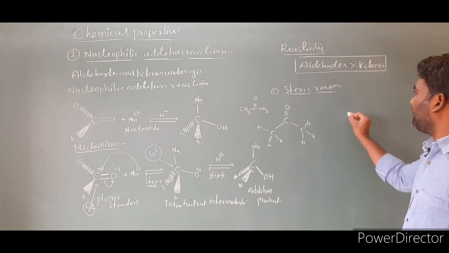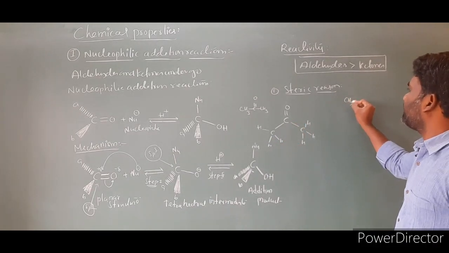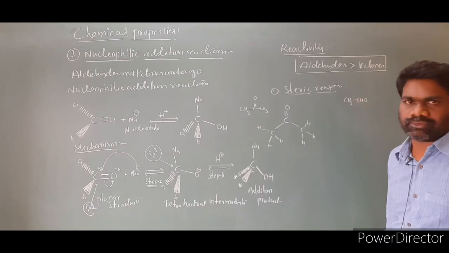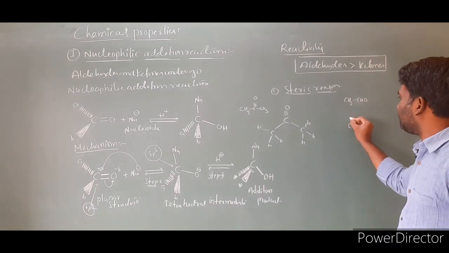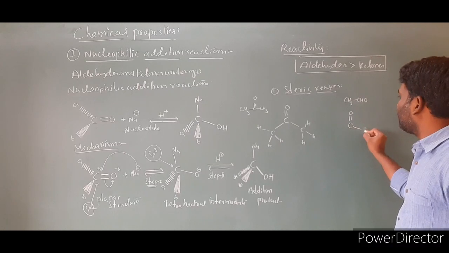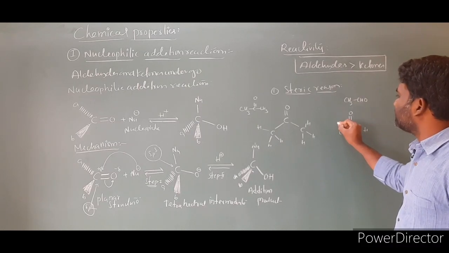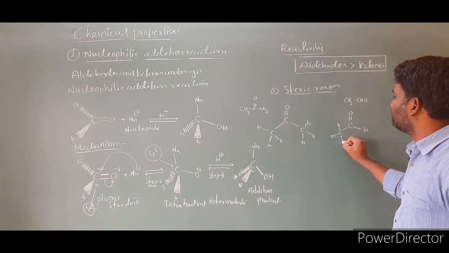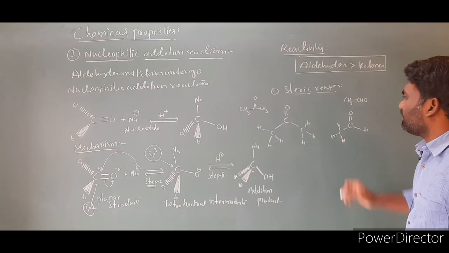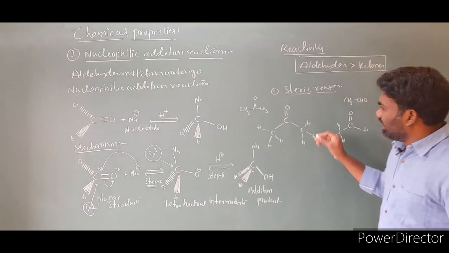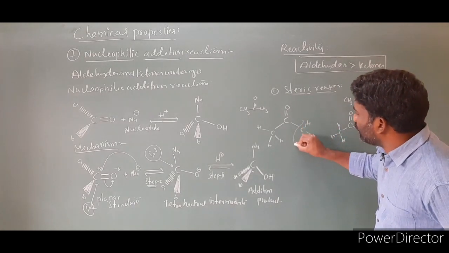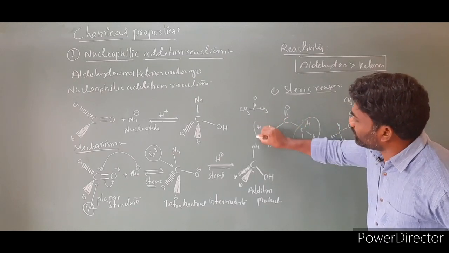I am taking an aldehyde example, CH3CHO, acetaldehyde. In this case the structure is C double bond O H on one side and 3 hydrogens on the other side. Now look at the structure of these two compounds. Here two bulky groups surround the carbonyl carbon.